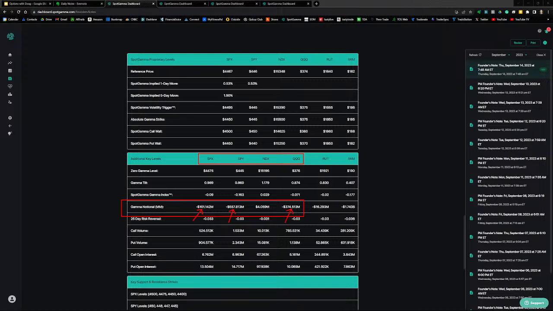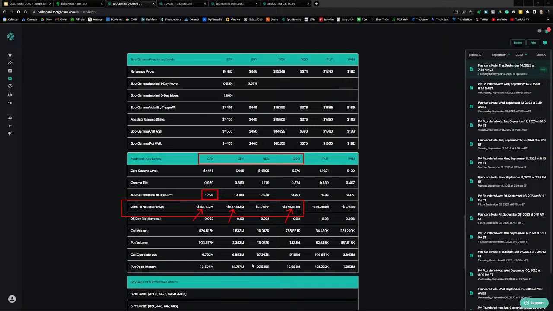Also, Brent, the founder of SpotGamma, likes to look at this SpotGamma index that varies from -4 to +4. So minus 0.09 is fairly neutral on that scale. So these numbers all did shift less negative than yesterday.